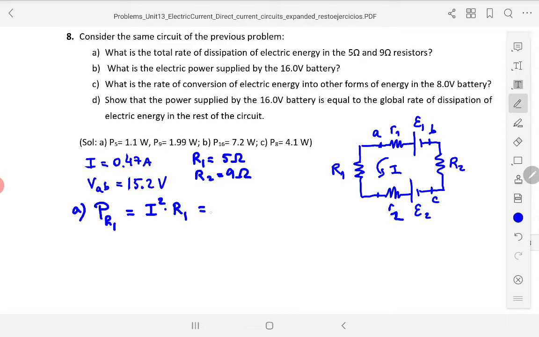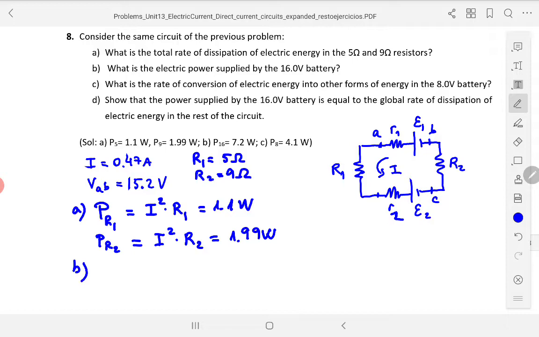So this calculation gives you 1.1 watts, and the power loss in the resistor big R2 is given by the square of the intensity times the resistance of this resistor, which is equal to 1.99 watts.